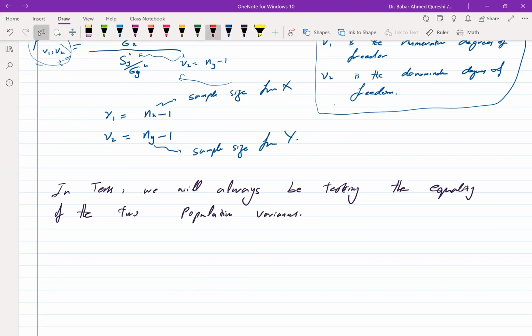So that means our starting assumption will always be that sigma x square is equal to sigma y square. Or you can say sigma x square minus sigma y square is equal to 0. And, for example, I can test it against sigma x square is bigger than sigma y square.